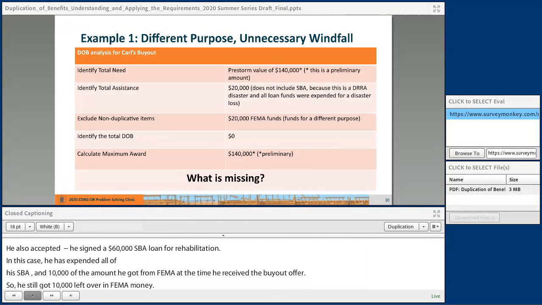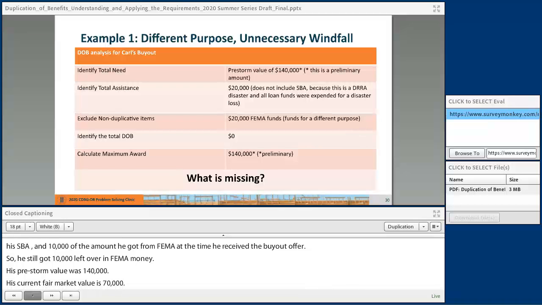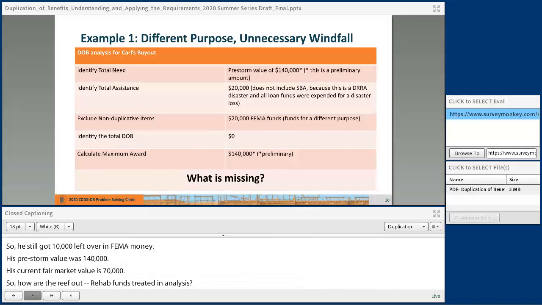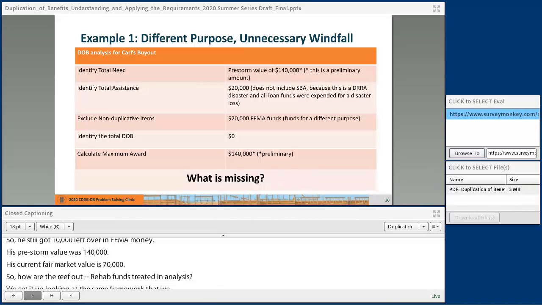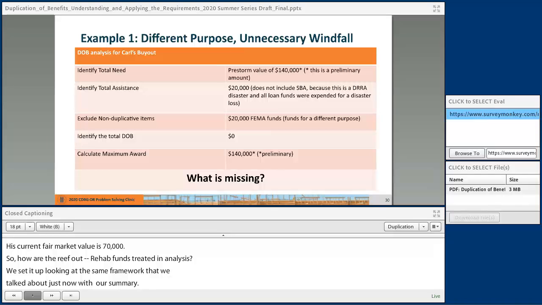So we set it up looking at the same framework that we talked about just now with our summary. So the total need here for a buyout is the amount that you're going to pay for purchasing the home. It's $140,000, and I'm starring this because it's a preliminary amount. We know we have to go through several steps in the analysis here.